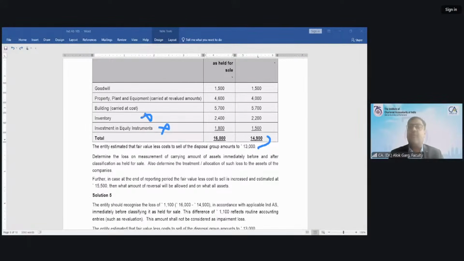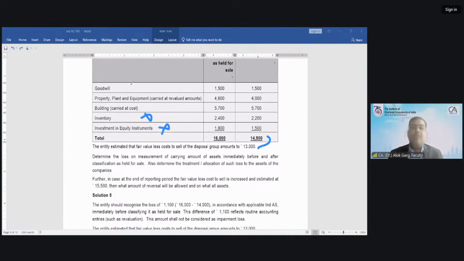Cost or NRV, whichever is lower, which means inventory is already at the lower. If the cost of the inventory is 100 and the market value is 120, it is already sitting at 100, right? And if the cost is 100 and NRV is 70, it is already sitting at 70. Means the inventory is at a highly conservative value, right?